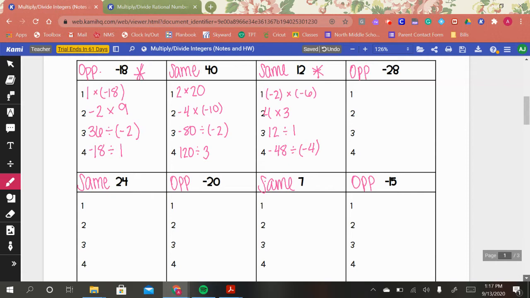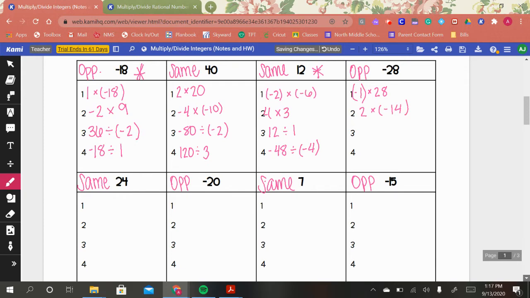Okay. So here we go. We're moving on to -28. So I can have 1 times -28. Oh, we need to make one of those negative because we have to have opposite signs. All right, and then let's do 2 times -14.